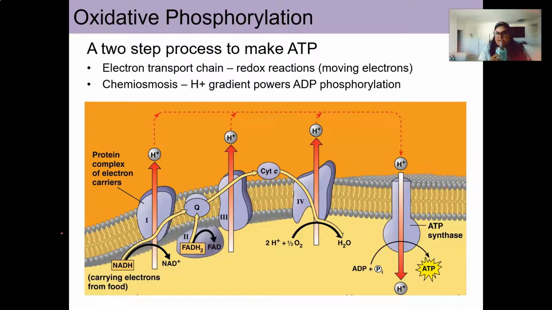So it's a 2-step process to make ATP in oxidative phosphorylation. The electron transport chain is a bunch of redox reactions where we're moving electrons along. And then chemiosmosis, which is producing the proton gradient that powers the ATP phosphorylation.